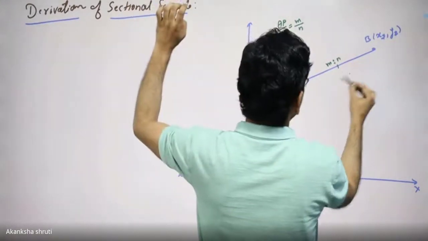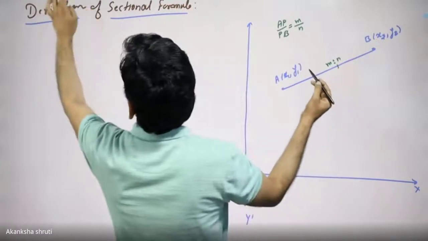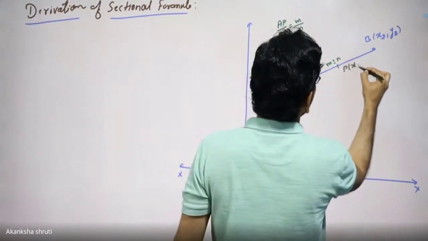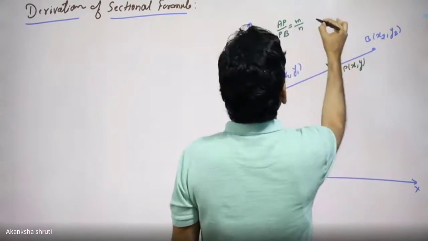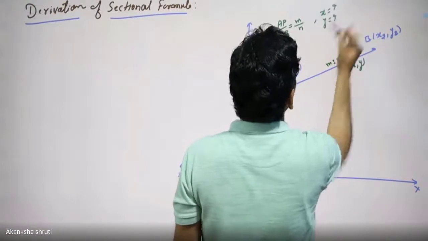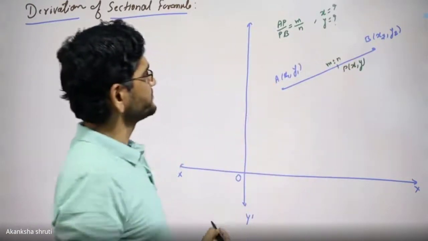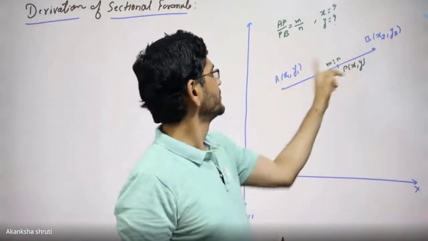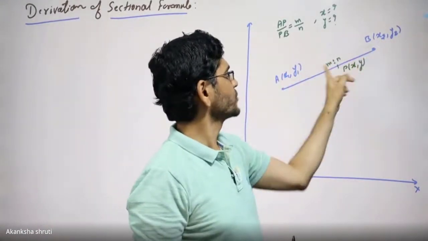Let us consider that P has coordinates (x, y). So this x, y we want to know. How can we get this x, y in terms of x1, y1, x2, y2, m and n?